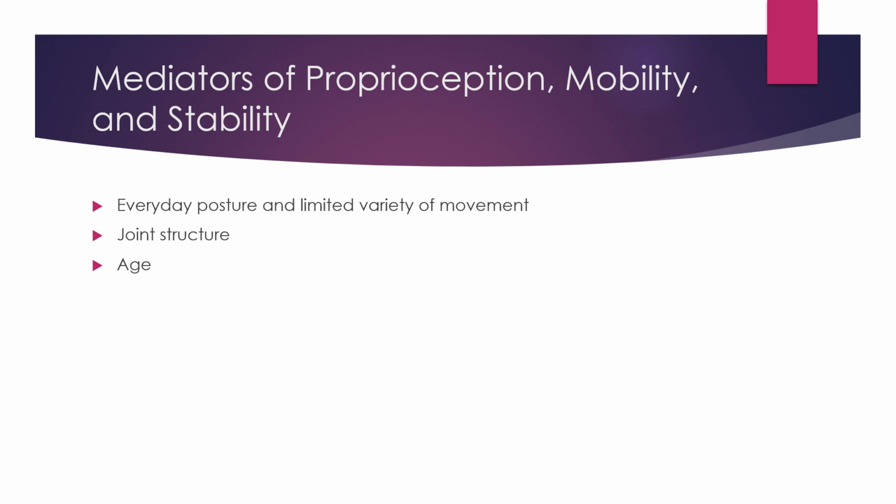The compensatory pattern is problematic for two reasons. First, the pattern overworks the synergist, in this example the hamstrings, which increases the risk for injury. Second, that compensatory pattern becomes etched within the sensory motor system and will alter quality proprioception, mobility, and stability. These alterations then tend to perpetuate further postural distortion.